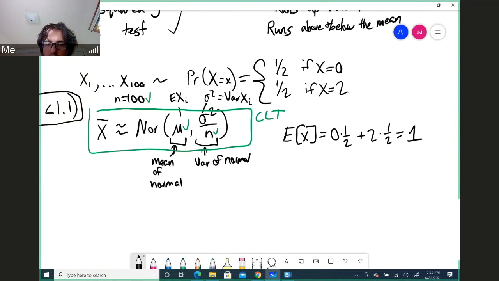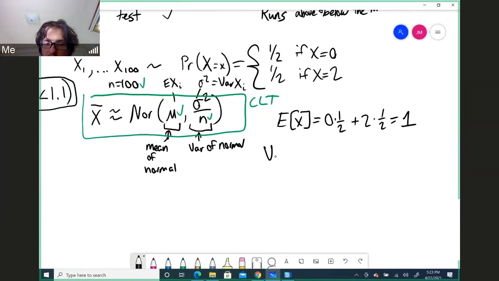The other thing we need to do is calculate the variance of x. That's sigma squared. Sigma squared is equal to the variance of x in this case. And recall that there are a couple of different formulas you can use.